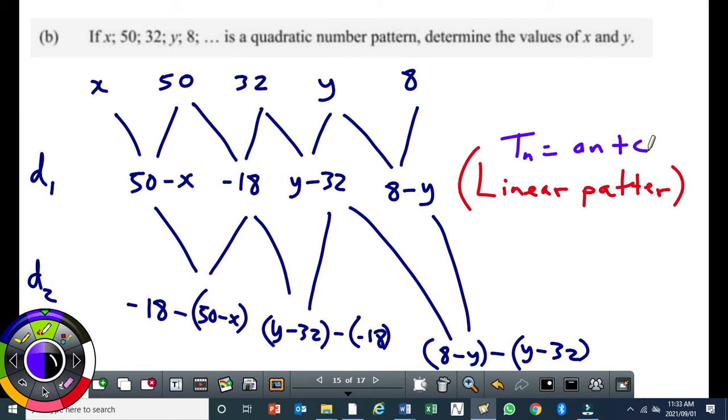If you want to determine x, which in this case is the first term, there are many ways of carrying on. But my suggestion, if you are given a question like this, is to use the fact that the second differences are equal. You may need to use your knowledge of simultaneous equations. I can't teach you simultaneous equations, that's grade 10 and 11.